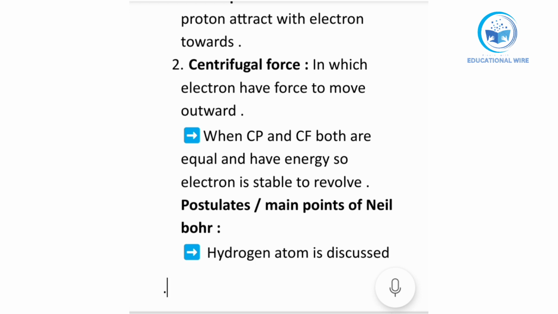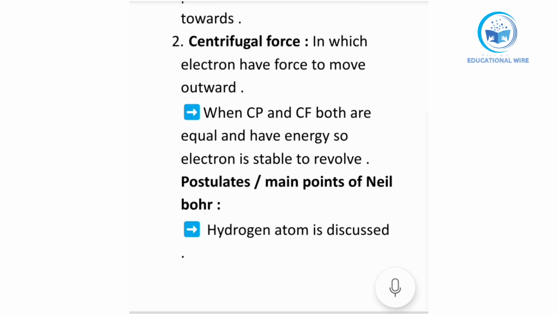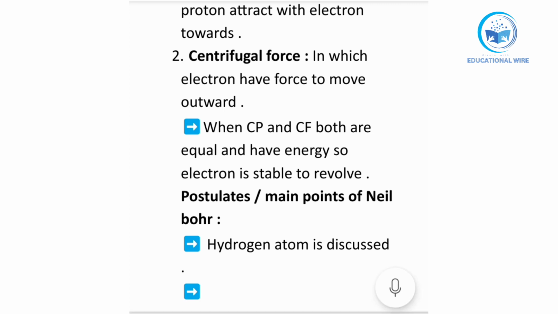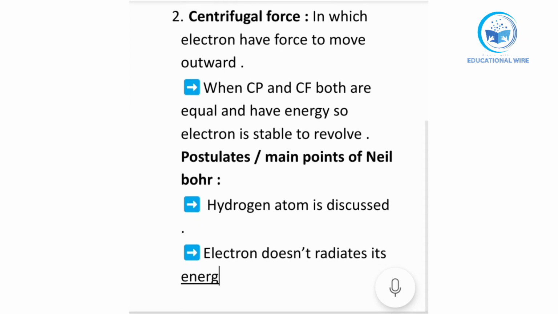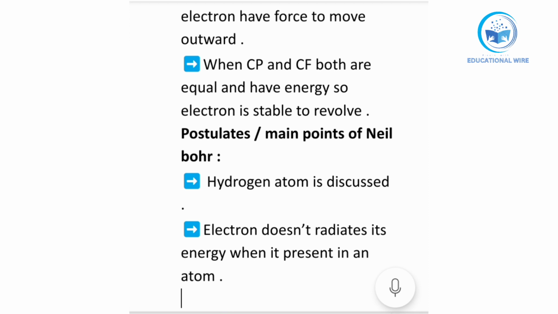Okay, second thing, he said that the electron does not radiate its energy when it is present in an atom. Okay, now move further.